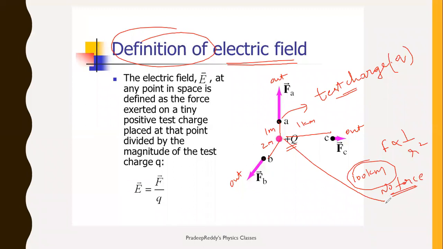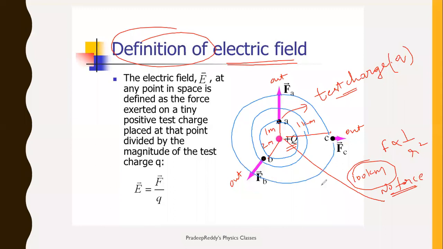Therefore, at 100 kilometer from this plus Q charge, there will not be any force experienced by the test charge. As a result, in the radius of 1 meter, there is a force line. You can represent it. In the range of 2 meter, you can experience that. In the range of 1 kilometer, you can experience that.